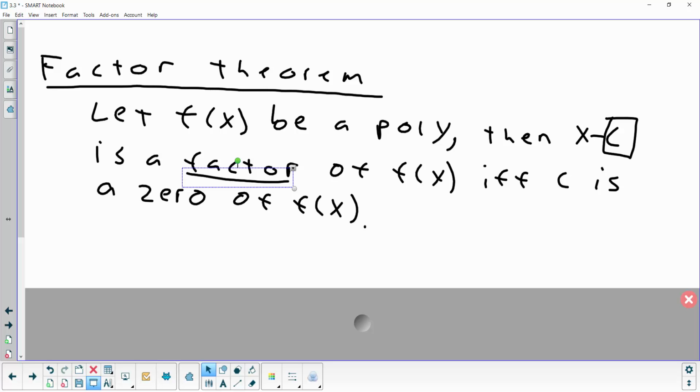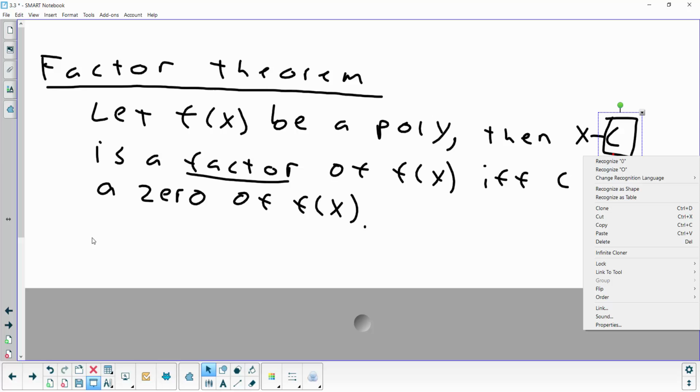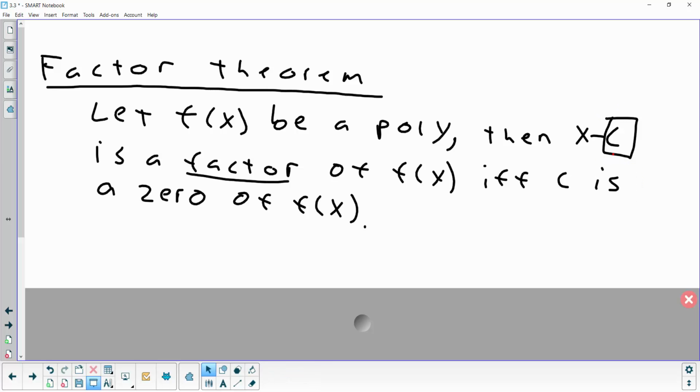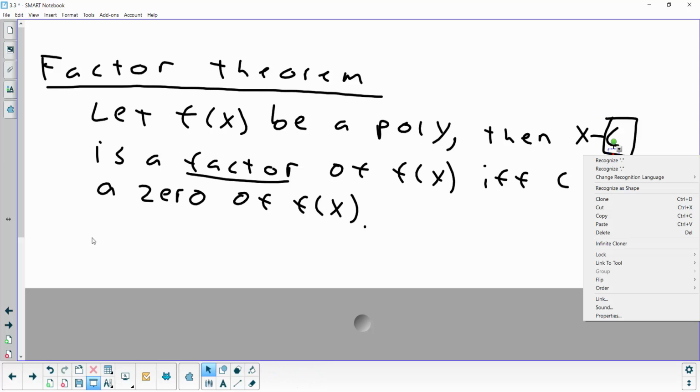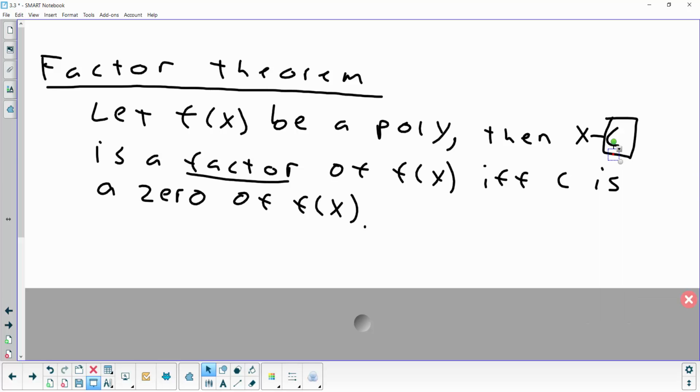Okay, because think about it. This is the number that you plug in to check the remainder. When you plug that number in, we're hoping to get a remainder of what if something is a factor? Remainder of 0.